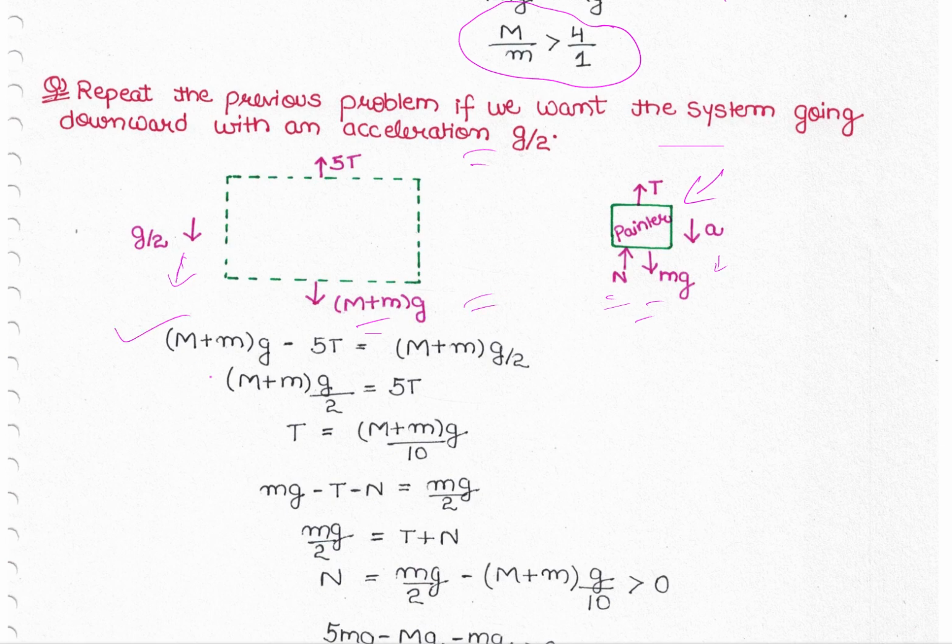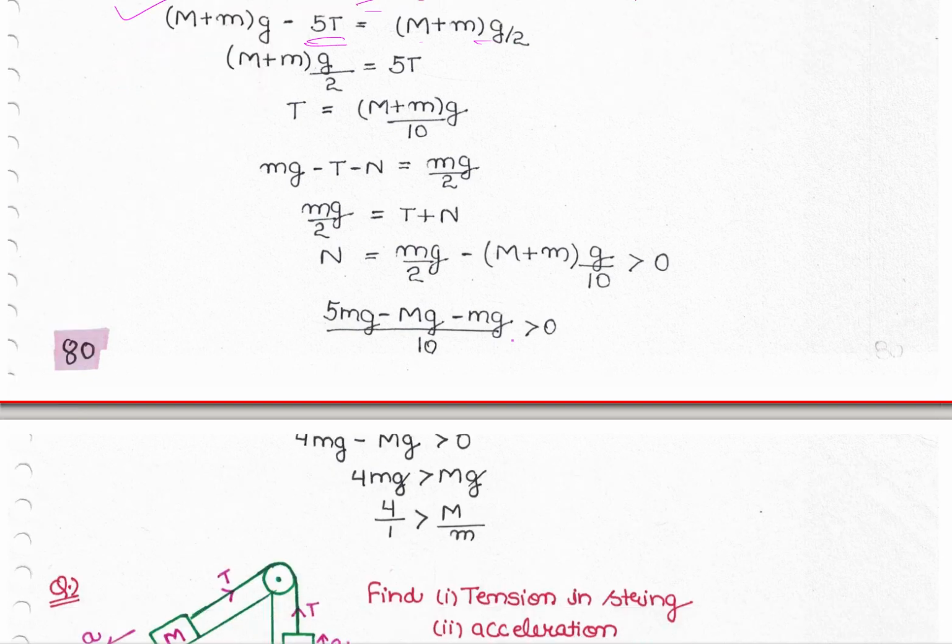So you can write M plus m into g minus 5T is equal to M plus m into g by 2. If we simplify this, we get M by small m less than or equal to 4 by 1, or M is to m less than 4 is to 1.